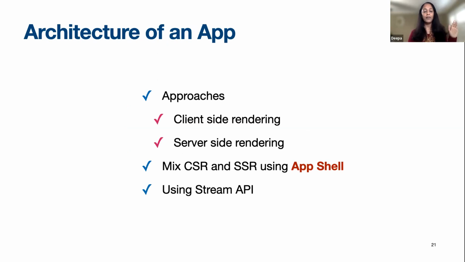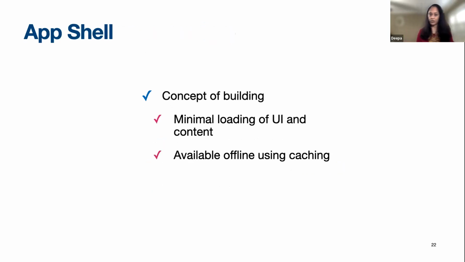We all know that when we approach building an application, there is some client-side rendering, and some parts you would render in the client, and some parts you would fetch from the server, right? Here we are using a concept called app shell, which is a mix of both server side and client side. I'll be talking about app shell in a moment, and you can also approach it using a stream API.